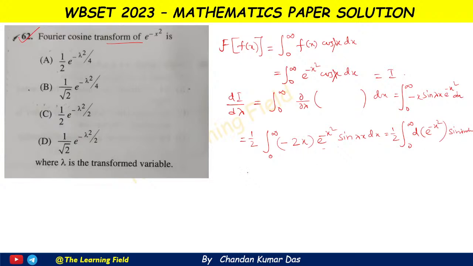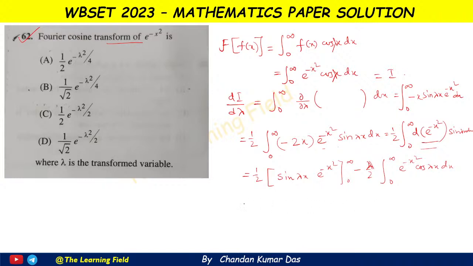Now if we integrate by parts, this gives 1 by 2 into the first term, sin lambda x into e to the power minus x square from 0 to infinity, minus 1 by 2 integration 0 to infinity e to the power minus x square into cos lambda x dx, and one lambda comes out of this integration.